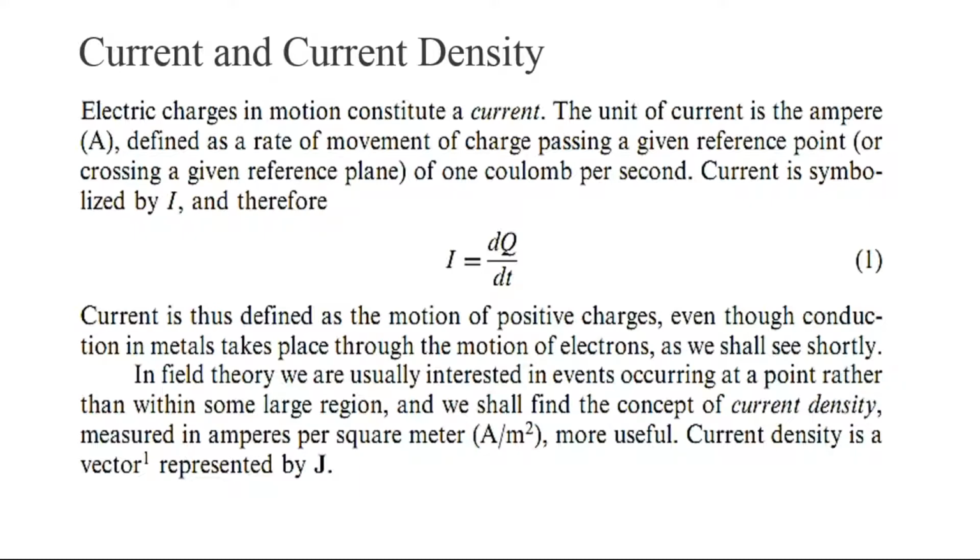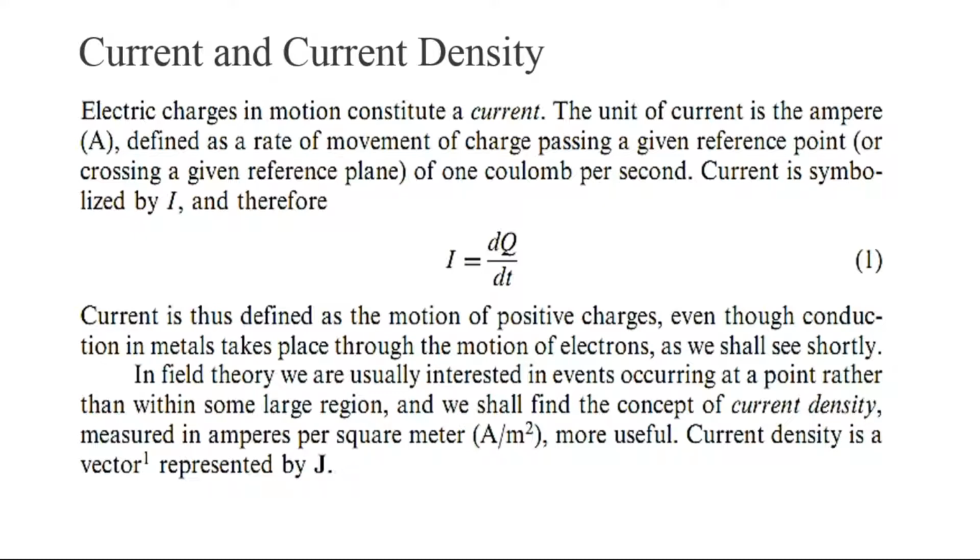Remember that the direction of electronic current will be opposite to the direction of the electric field, because the conventional current is that current whose direction is in the direction of the electric field. So current is defined as the motion of positive charges, even though conduction in metals takes place through the motion of electrons, as we shall see shortly.